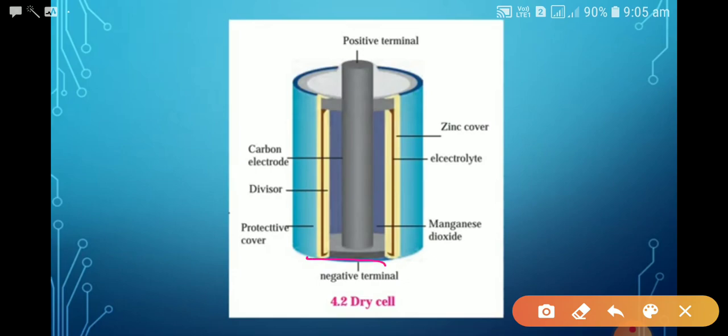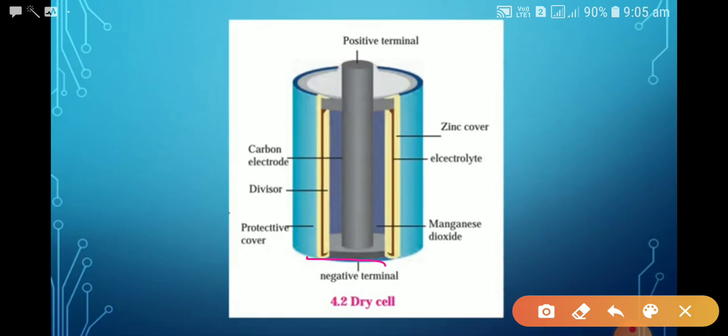There is an electrolyte that contains negatively charged and positively charged ions. These are the carriers of electricity. The electrolyte is a wet pulp of zinc chloride and ammonium chloride.